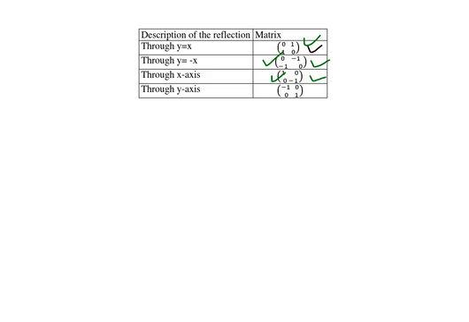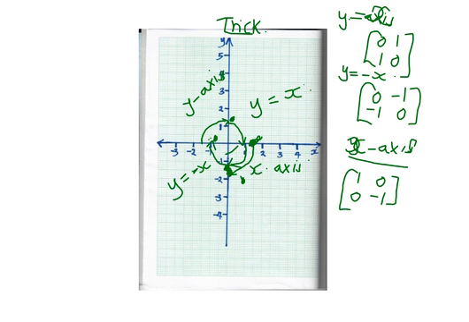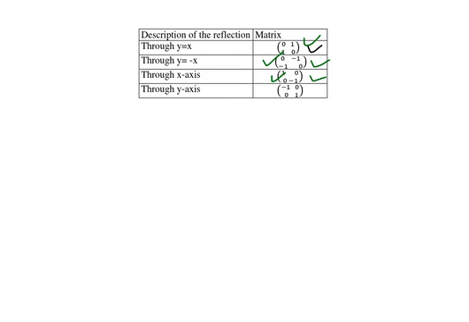Now we go to the y-axis, which is here. We are moving in the clockwise direction, taking this point to this point. So for the y-axis, we have this point, which is -1, 0, moving to 0, 1. We can check for the y-axis, which is -1, 0, 0, 1, and the trick has worked.